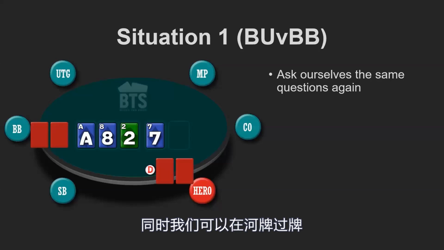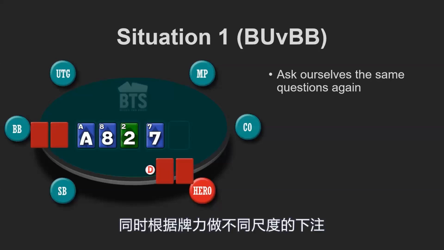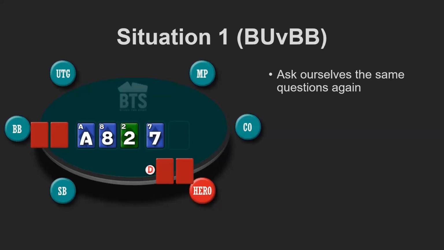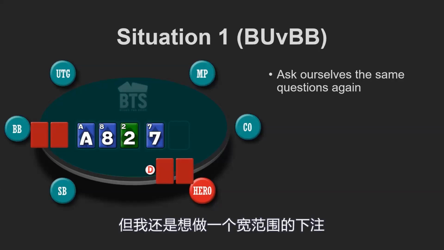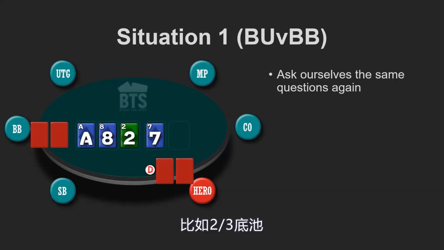Then we can check back the river, and also bet our really strong hands with this sizing. By using a smaller sizing here, we acknowledge that this is still a pretty decent turn card for you because you're going to have some flushes, but I still want to be betting not super wide, but fairly wide. So we use a standard 2/3 to 3/4 sizing. Does that make sense to you guys?